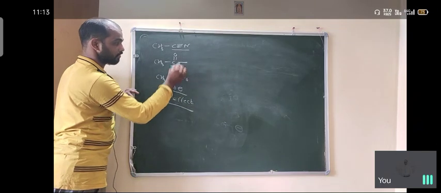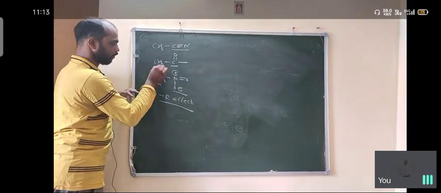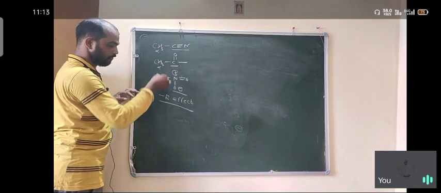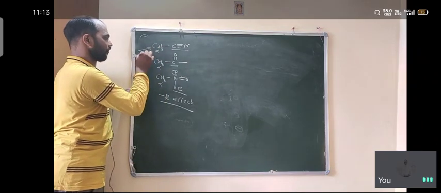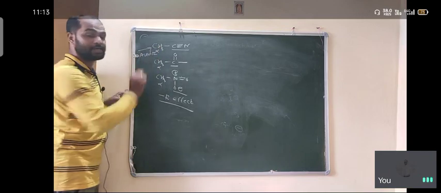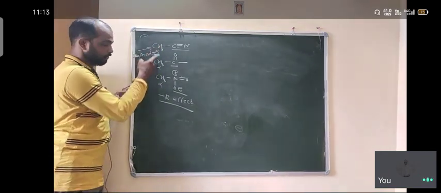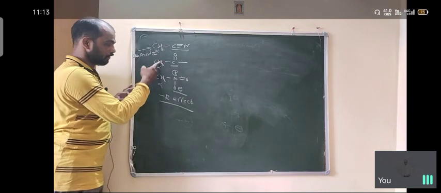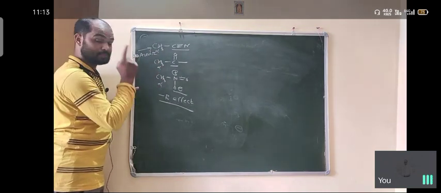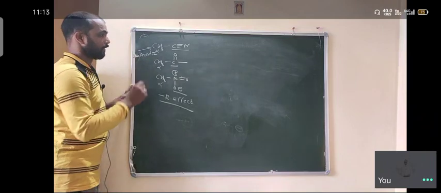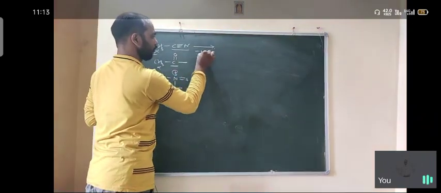Due to this minus R effect, the alpha hydrogens on the alpha carbons are acidic in nature. Due to this, a base will abstract this proton, on all three CH3 groups, and the carbanion is formed. So after loss of the proton, what happened here?